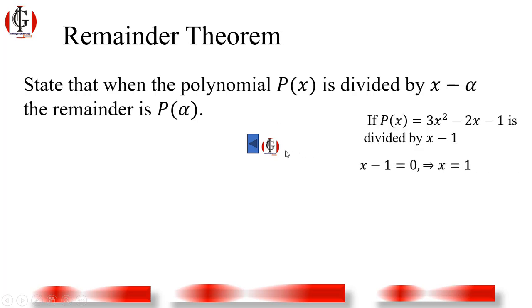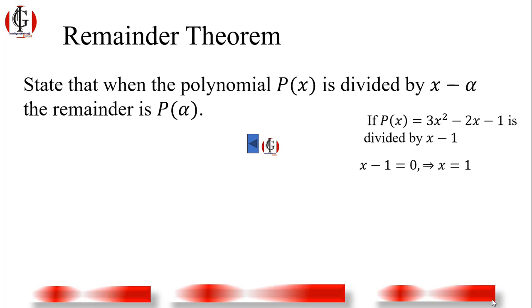This one says that if the polynomial 3x squared minus 2x minus 1 is divided by x minus 1, we have to find the remainder. What we need to do is to make this x minus 1 equal to 0. If x minus 1 equals 0, I can obtain the value of x to be equal to 1.